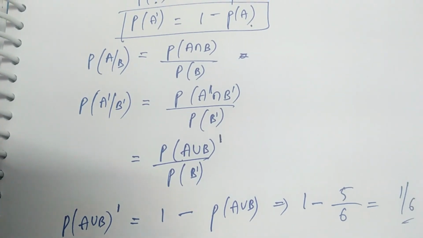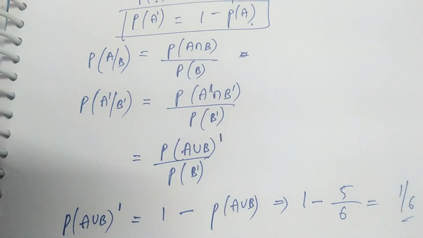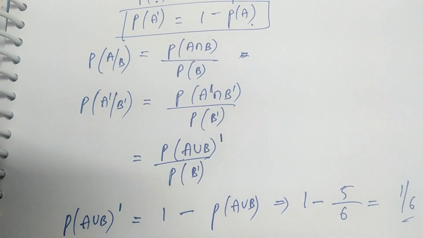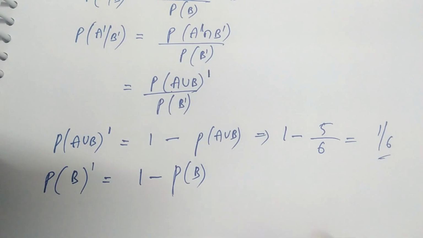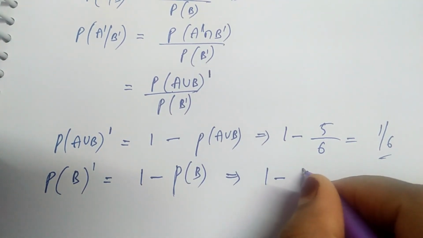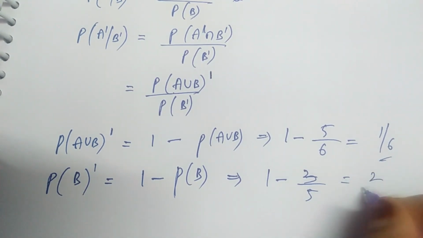Now probability of B is given, but not probability of B dash. So 1 minus probability of B will be our solution. What is the value of B? It is 3 by 5, so 1 minus 3 by 5 is nothing but 2 by 5.